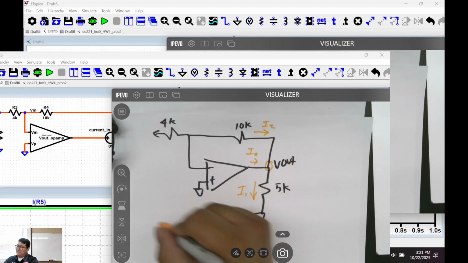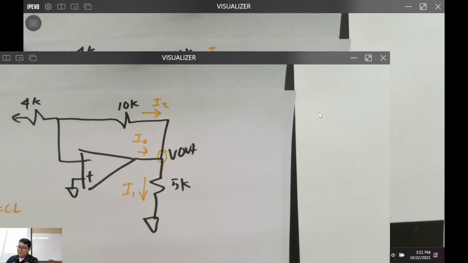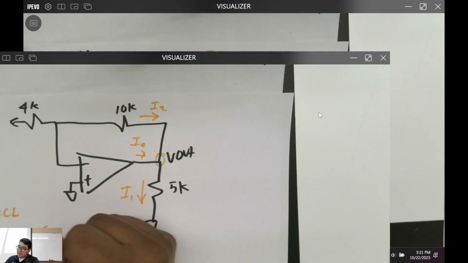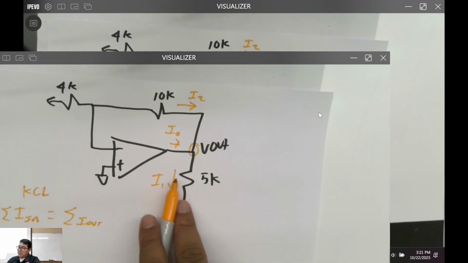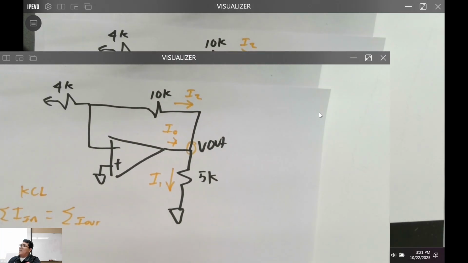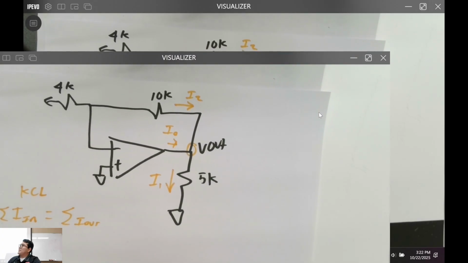What are we going to do? KCL. KCL states I in has to equal I out, all the sums. So what's going into the node? We got this I0 plus I2, is that good?